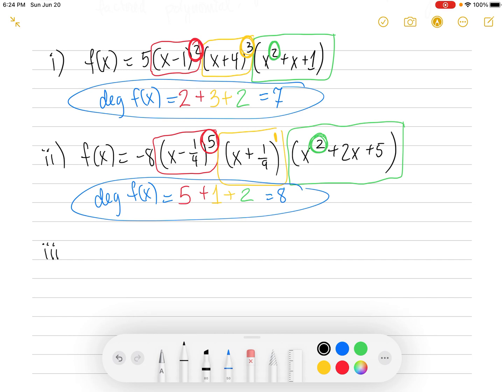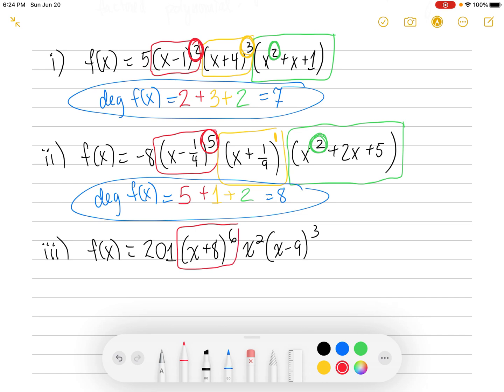All right, we'll do one more. And actually, this last one will be more like the ones that will be showing up in your assigned problems. 201 times x plus 8 to the 6th power times x squared times x minus 9 to the 3rd power.